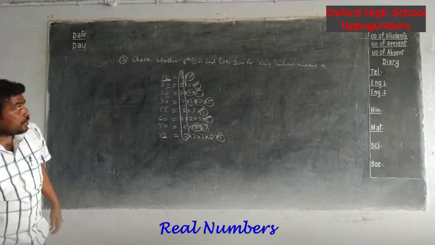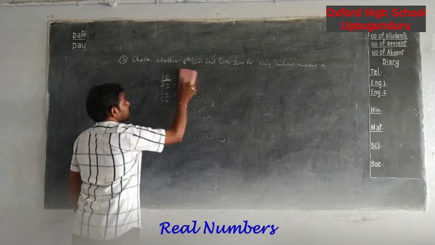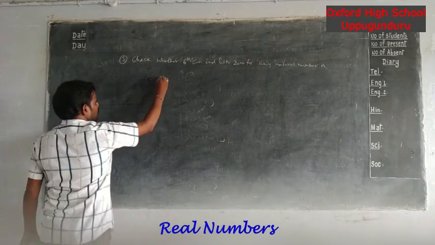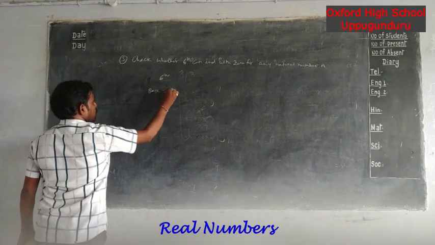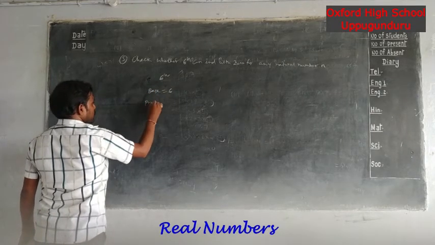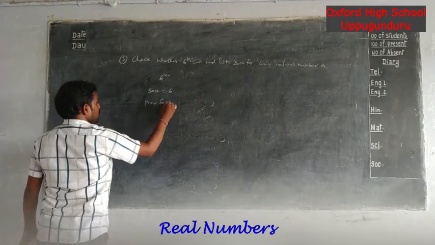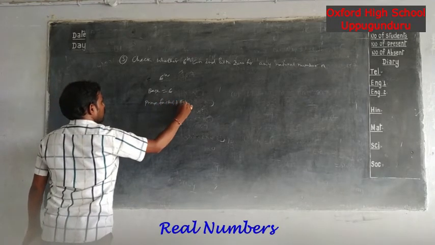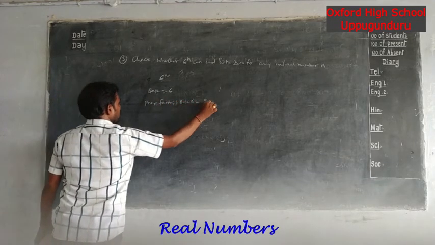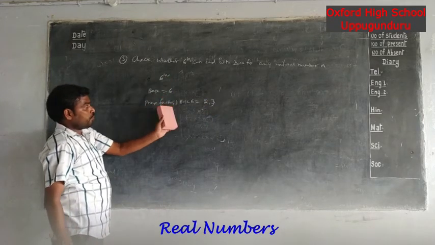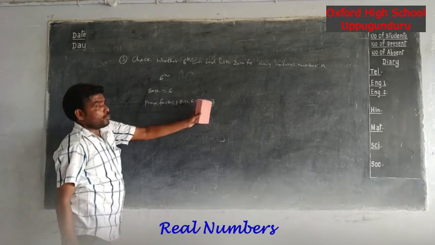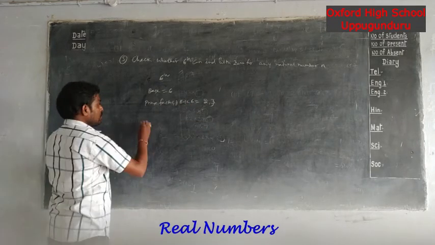Here we have taken 6 power n. In 6 power n, the base is 6. What are the prime factors of base 6? 2 and 3. But for 6 power n to end with 0, the prime factors must include 2 and 5.